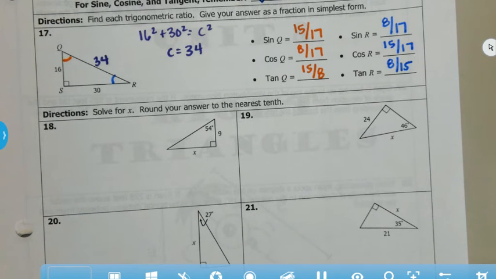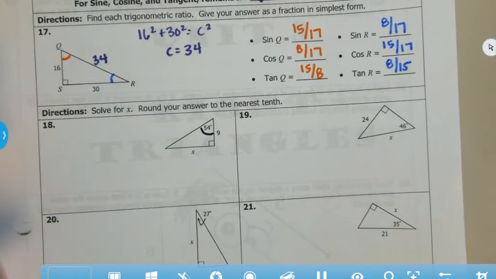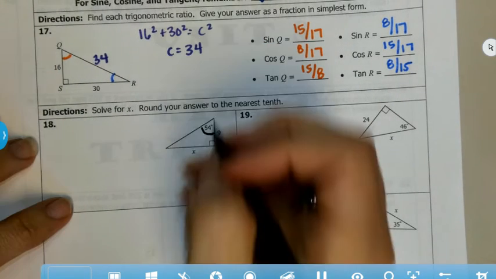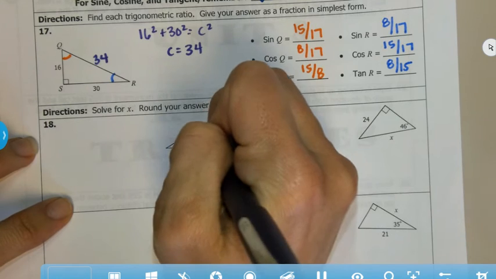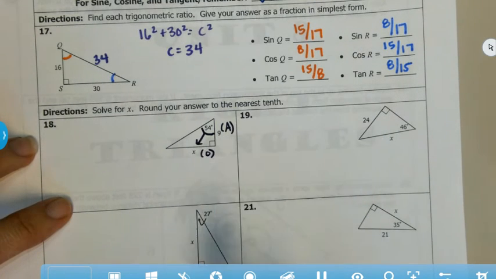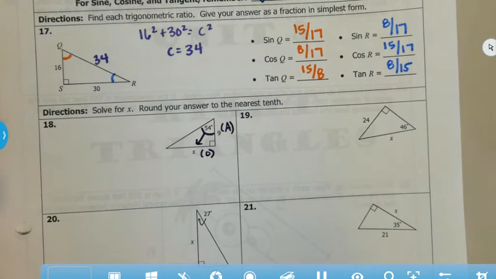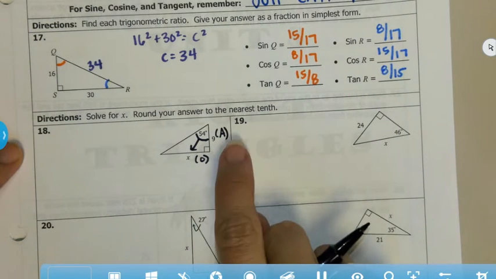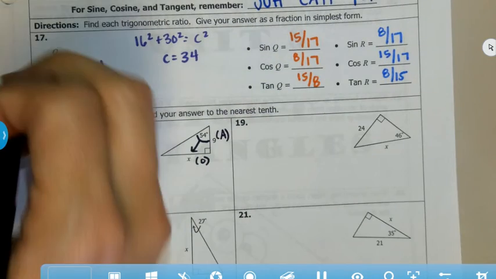All right, now let's see if we can figure out some of this other stuff. We are given angle 54 here, and we're looking for x. Remember, x is the opposite side. 9 is the adjacent side. Since we have opposite and adjacent, we're going to use tangent.